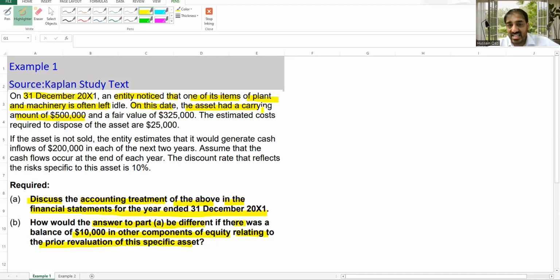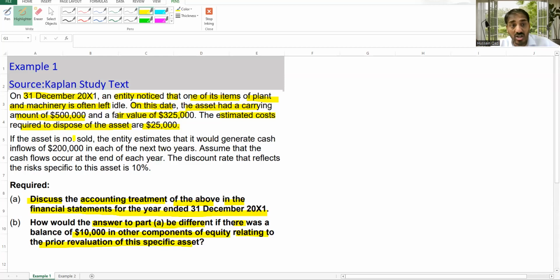So on this date, the asset had a carrying amount of 500,000. It's already given, and the fair value is 325,000. Estimated costs required to dispose of the asset are $25,000.